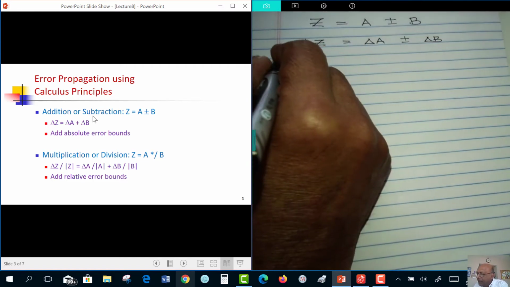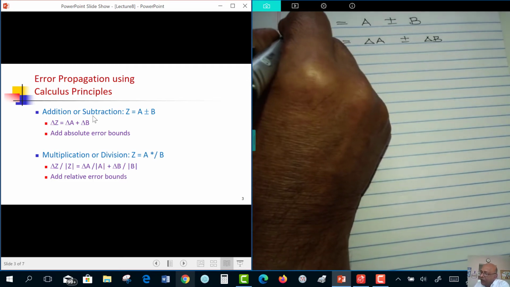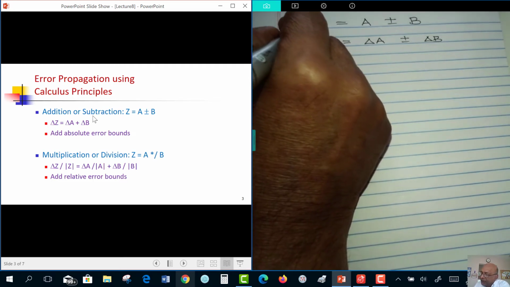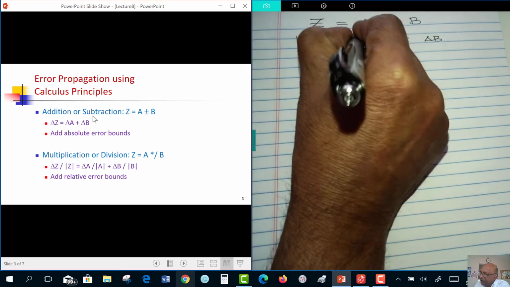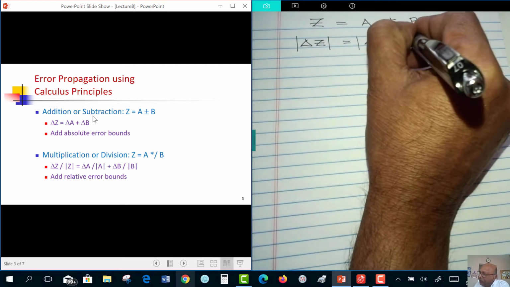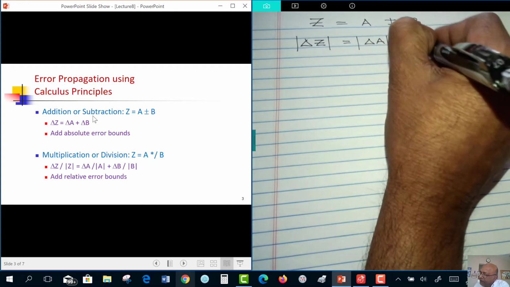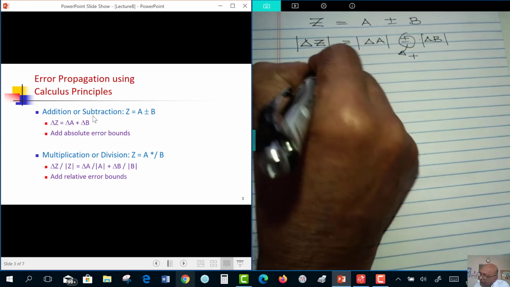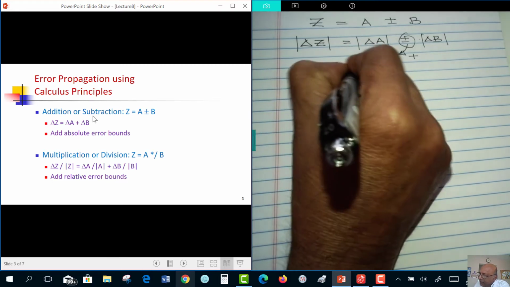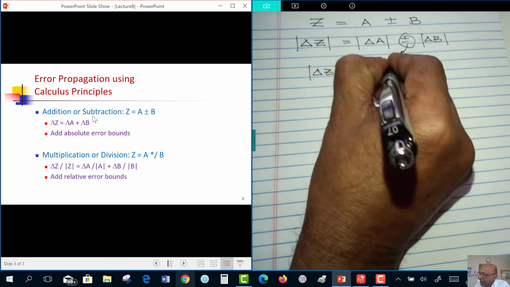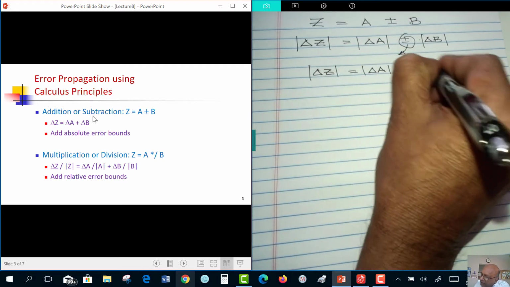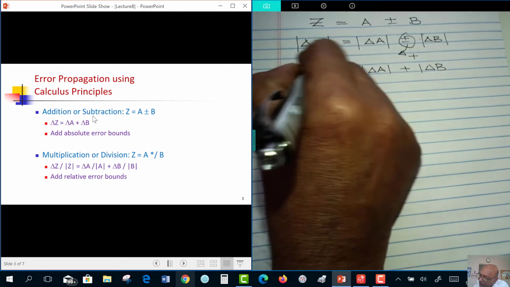Now when we think of errors, we normally don't pay any respect to the sign. So think of it as we are just taking magnitudes, and of course we don't want to cancel errors. So our result would be delta Z is delta A plus delta B. Doesn't matter whether we are adding or subtracting.